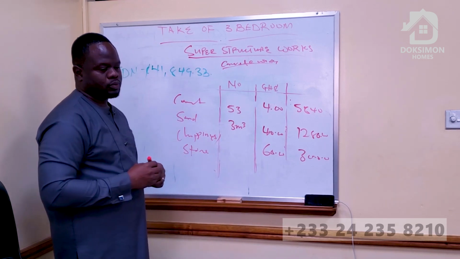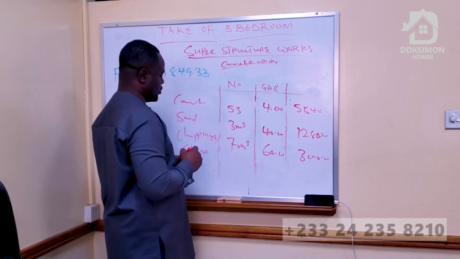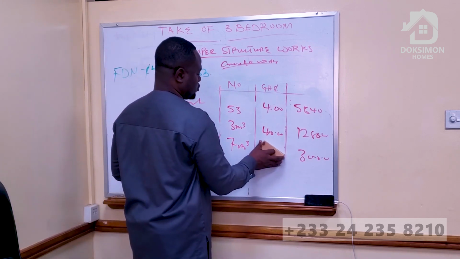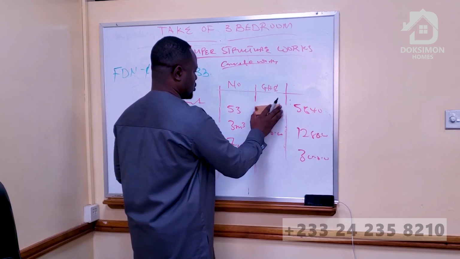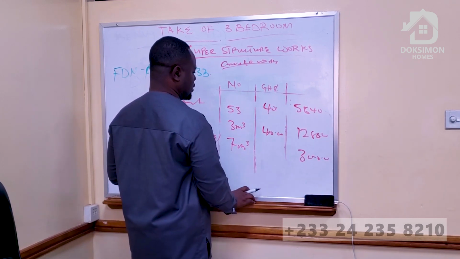And with the chippings, we need 7 meter cube. Now, what we change here is our 40 Ghana cedis.